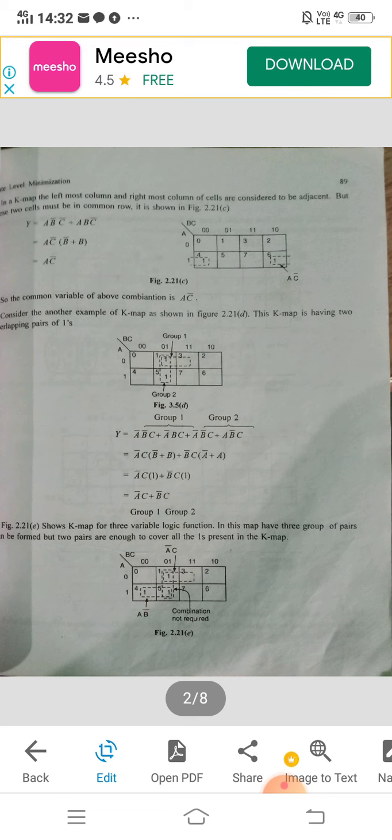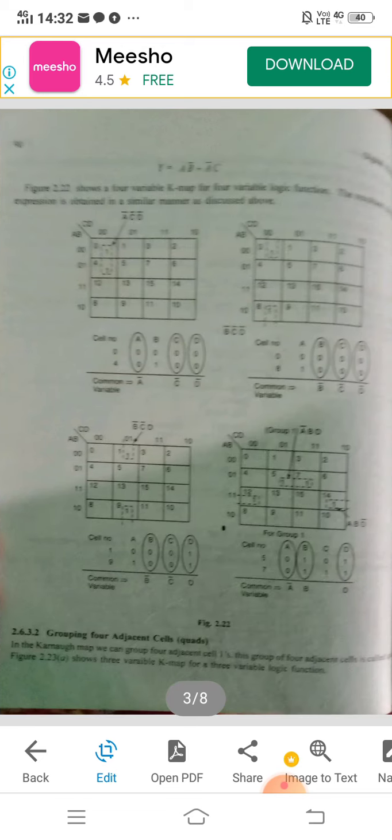Everyone must be covered while grouping. There is no need to make extra combinations, as here 1 is present in columns 1 and 3, columns 1 and 5, and similarly columns 4 and 5. So there are 4 ones. You can make any pair, like 1, 3 the first pair, 4, 5 the second pair. There is no need to make the extra pair 1 and 5. That combination is not required. Similarly, written over here, that combination is not required.